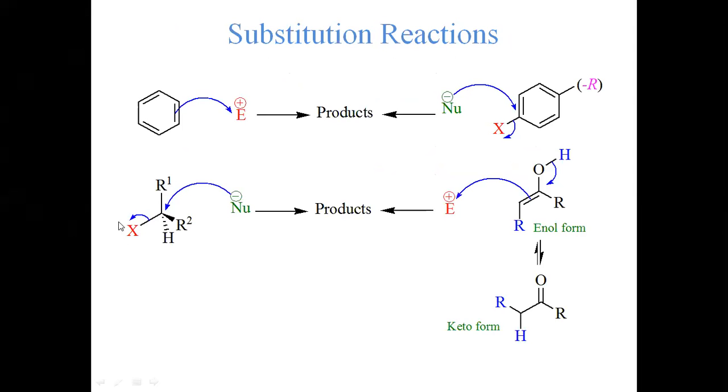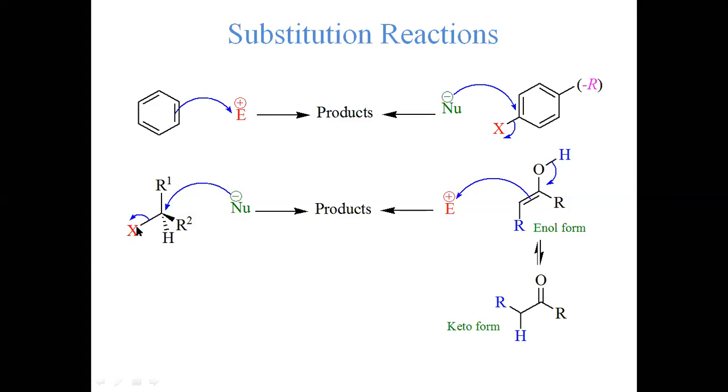So the X group is an electron withdrawing group. If we are reacting it with a nucleophile, this X group has high electronegativity. As a result, it is withdrawing electron density, making this sp3 hybridized carbon electron deficient.